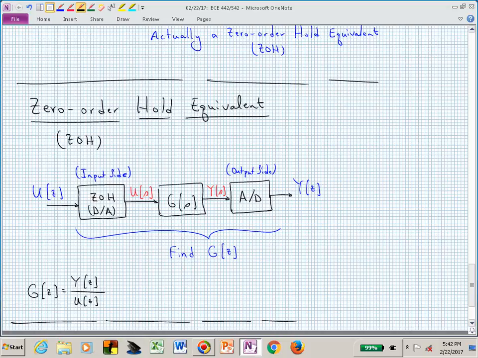And then you will sample the output consistent with how you were sampling or measuring the input or injecting the input. We want to now incorporate all three of those pieces into our representation G of Z, which is a discrete equivalent of our original plant G of S.